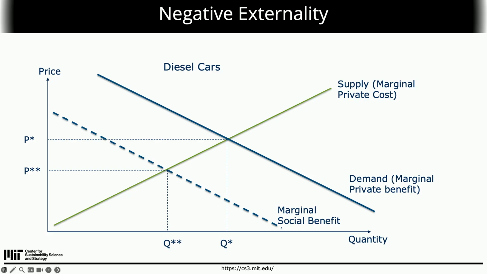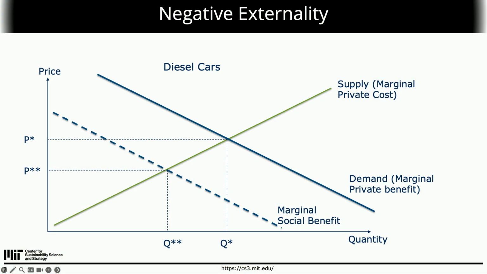Okay, so that's the basic concept of what we're dealing with when we're thinking about climate change and environmental issues within economics. Now, a problem that we have is, what is the difference between the marginal private benefit and the marginal social benefit? There's a lot of science that sits behind that, but it's really hard to measure what the actual impact of climate change is on society, and then trying to figure out what the actual price should be.